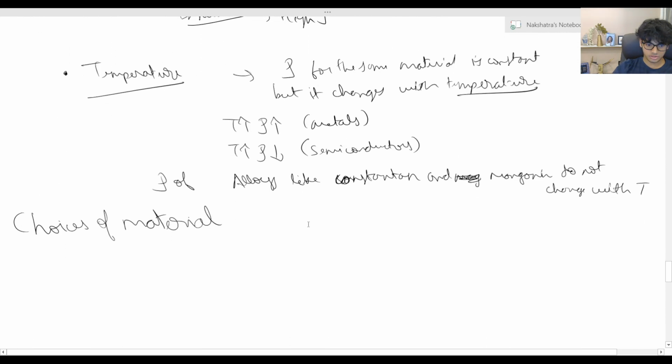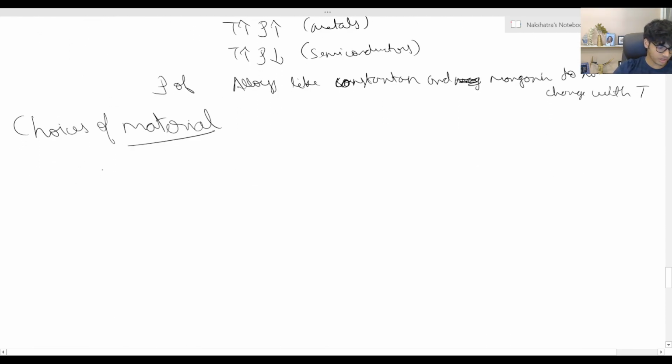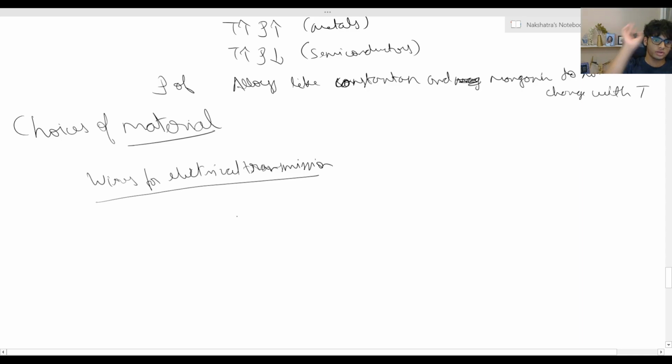Now there are some special materials which we use for certain wires, starting with wires for electrical transmission. Electrical transmission means how current is brought to your house for your usage. Current is generated, and after being generated, it has to come to our house. It's a long distance that it has to travel, so we want as much current as possible to come to our house.